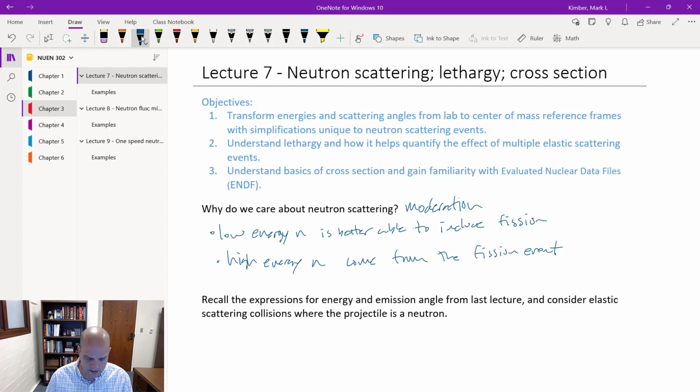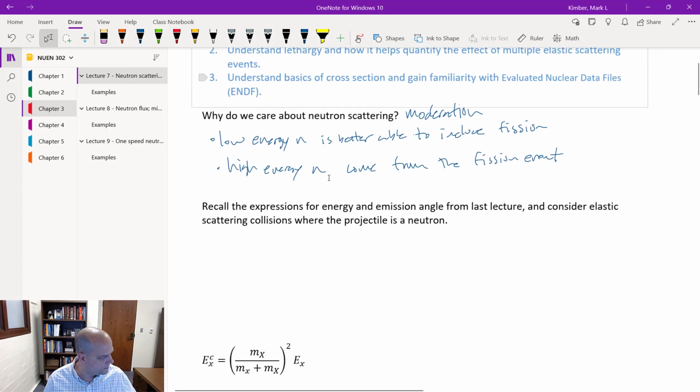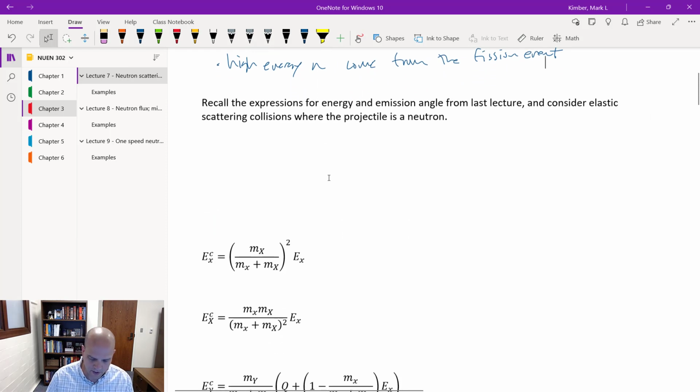So in such a scenario, in an elastic scattering event, my Q value is going to be 0. I don't have any change of mass. I don't have any nuclear reactions actually taking place. So this is what we're always going to have for any elastic scattering. Whether it's a neutron as a projectile or not, if it's elastic scattering, Q value is 0.